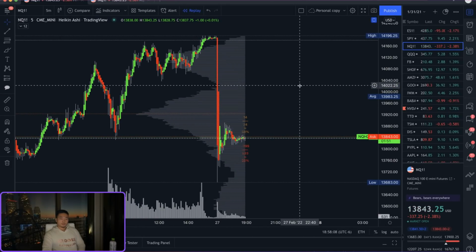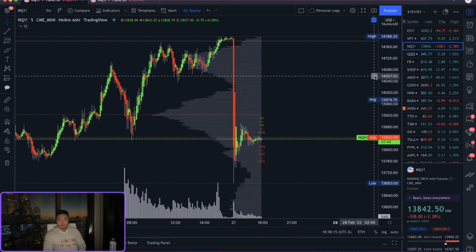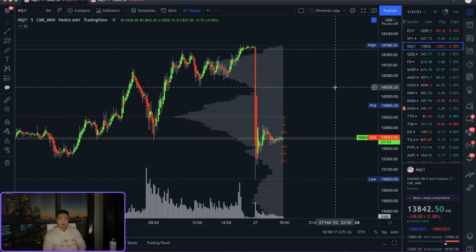And how I identify crucial price levels is by looking at the past resistance is now the new support, or the past support is now the new resistance, as well as distribution gates.